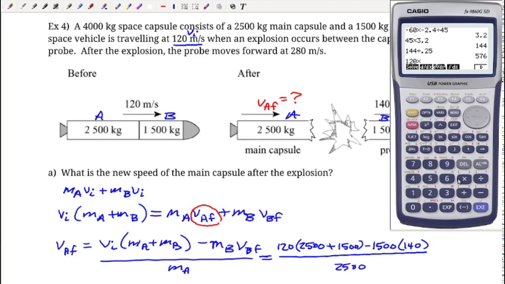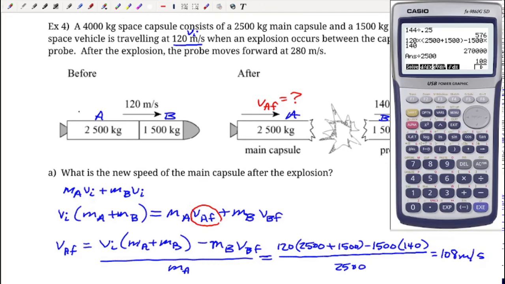120 times 2,500 plus 1,500 minus 1,500 times 140. And all of that is divided by 2,500. And that tells me the new speed of my capsule is 108 meters per second.